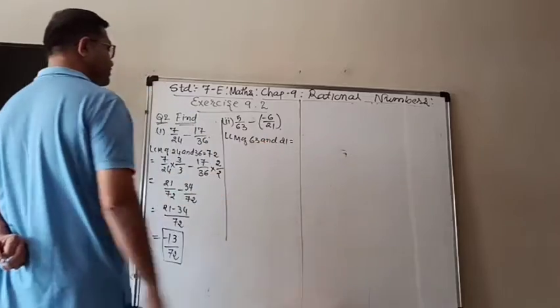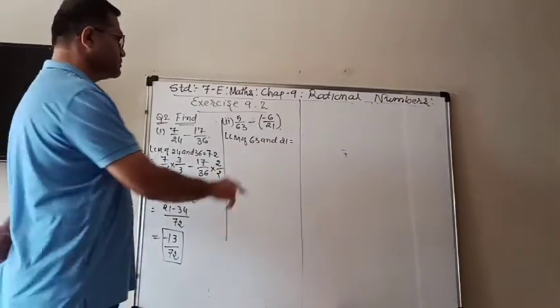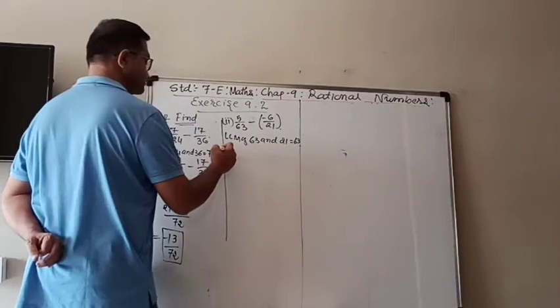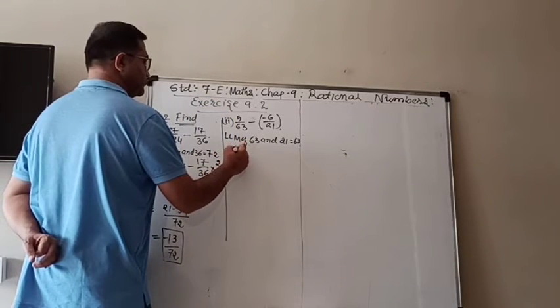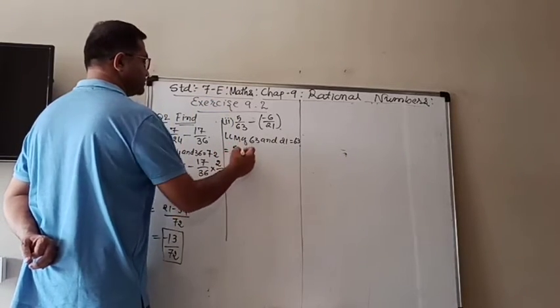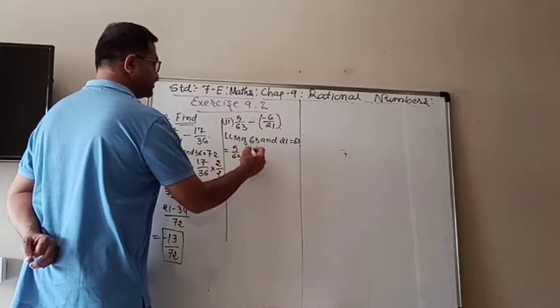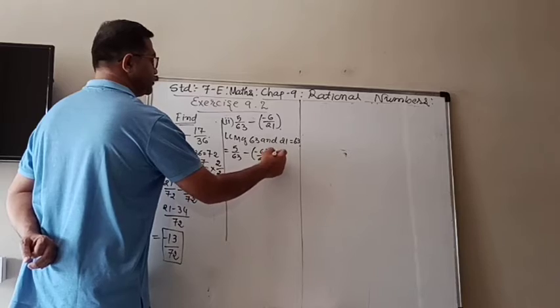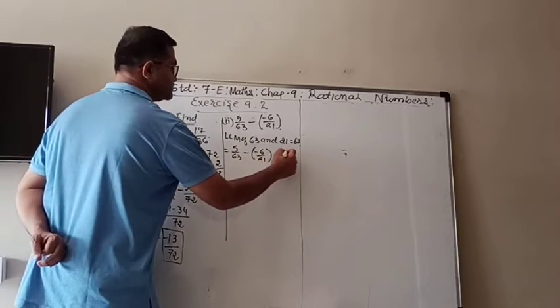We know that 21 3s are 63. So the LCM will be the greater number, that is 63. So that is equal to 5 upon 63, you can keep as it is, minus 6 upon 21.